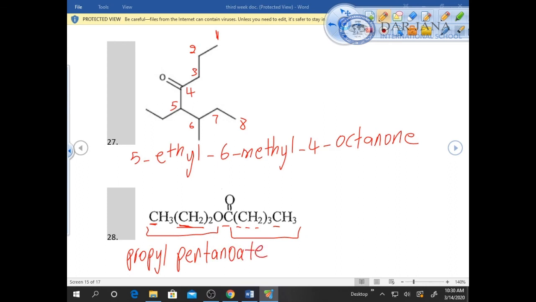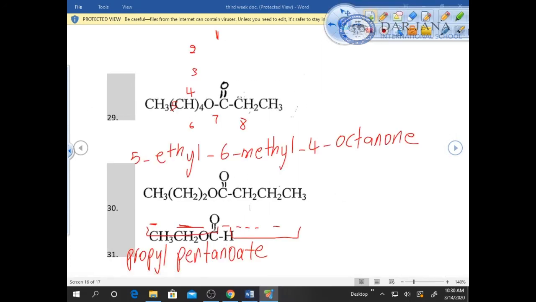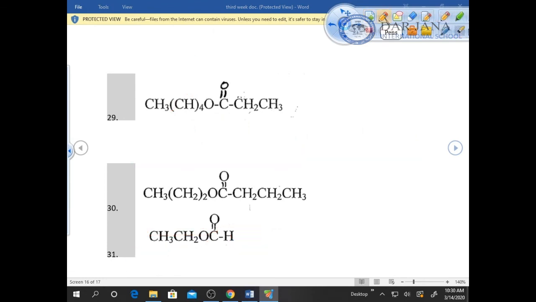Moving to question number 29. Here we have in the alcohol part 5 carbon atoms, so it will be pentyl, and in the acid part we have 3 carbon atoms, it will be propanoate, so the name is pentyl propanoate.